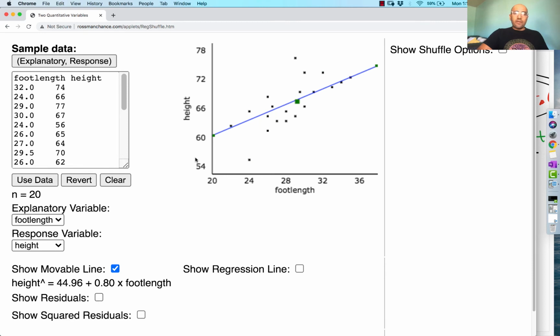That's my very best guess by just manipulating and playing around with it. Notice that this line might not actually go through any of the original values. That's okay. It still does a very nice job of showing the positive linear relationship that exists between the explanatory variable and the response variable.